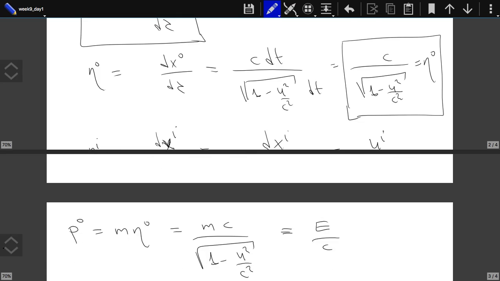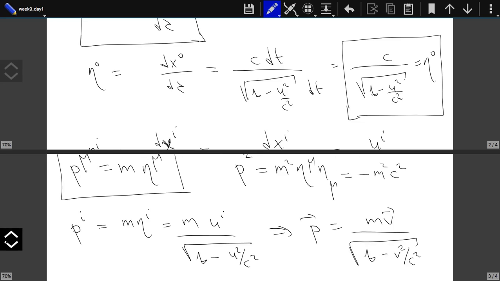I just define the momentum as m times eta 0. But that is my eta 0, so that is c. The u, or the velocity of the object, appears in the other component.